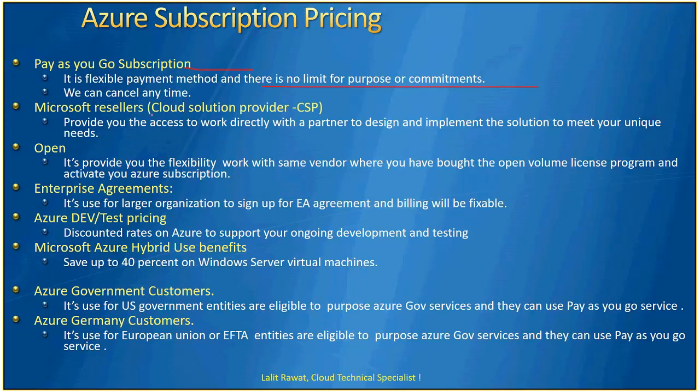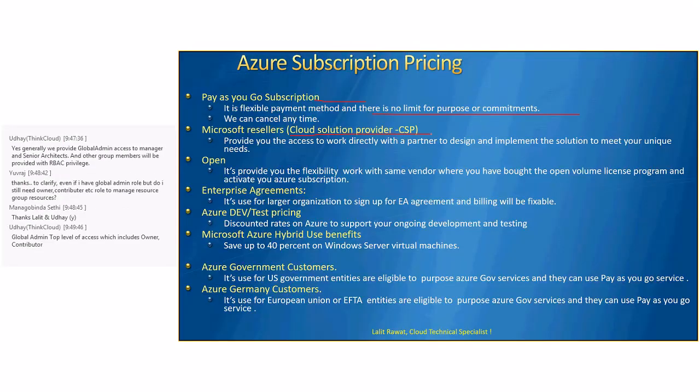Then the cloud solution provider is an organization which has a tie-up with Microsoft, and they will be providing you the solutions. So basically it's a mediator between Microsoft and the customer to provide you the services. If you take the services from a cloud solution provider, you will get more benefit, like in Office 365 and then in Azure.